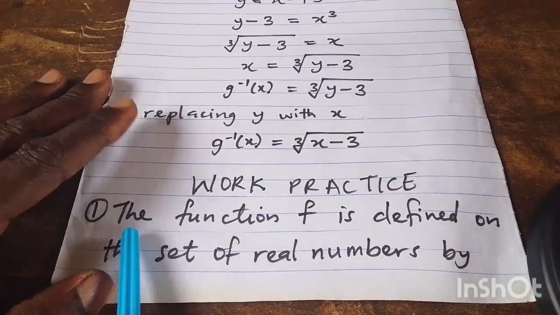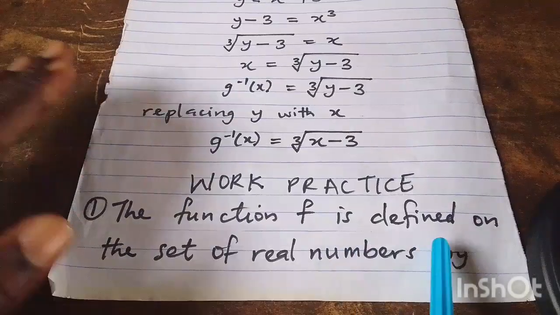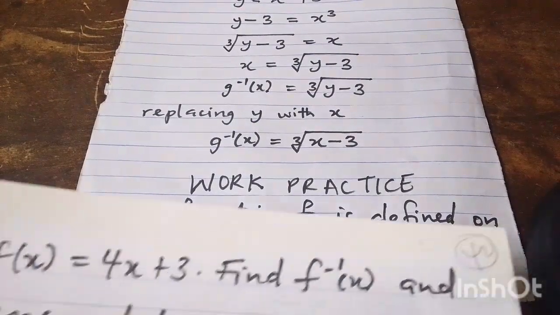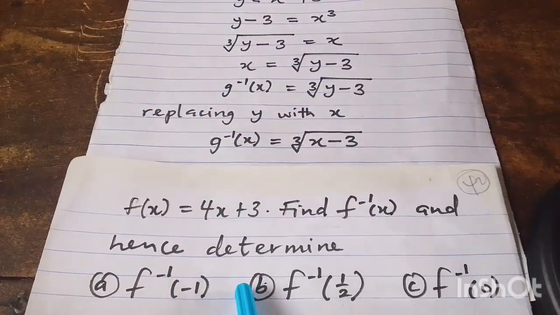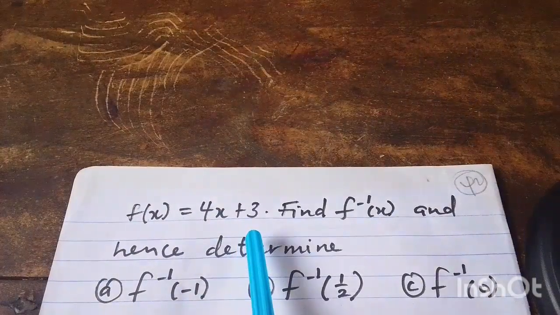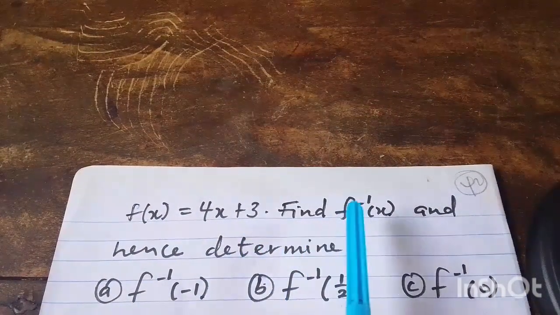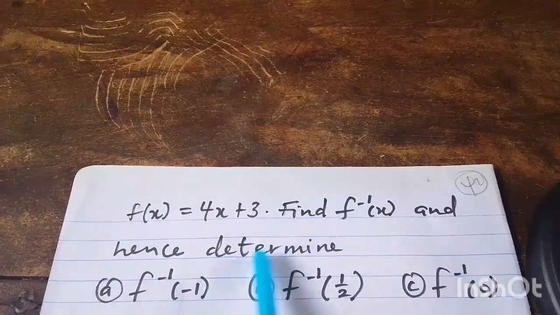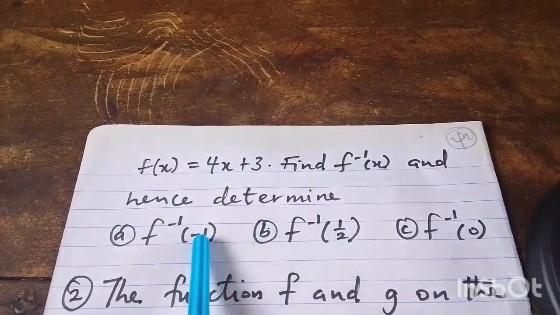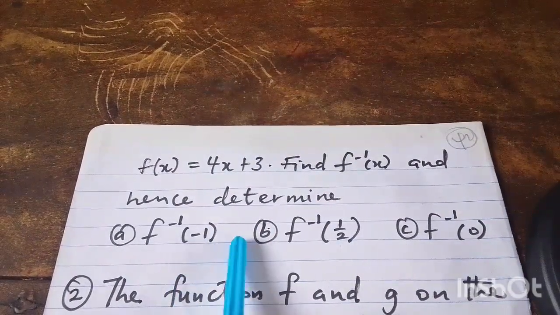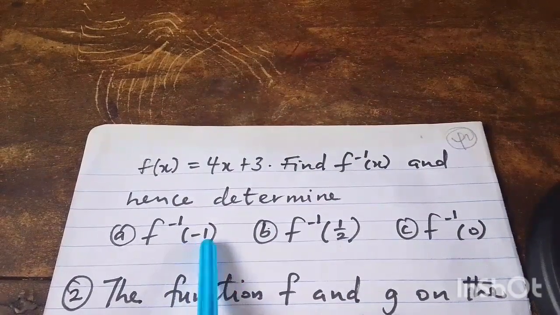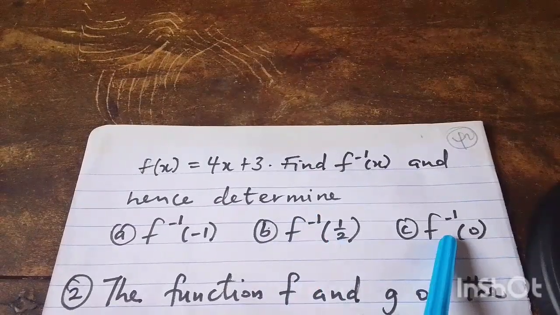Number 1, the function f is defined on the set of real numbers by f of x is equal to 4x plus 3. Find f inverse, and determine the images of the inverse when the inverse is minus 1, 1 over 2 and 0.